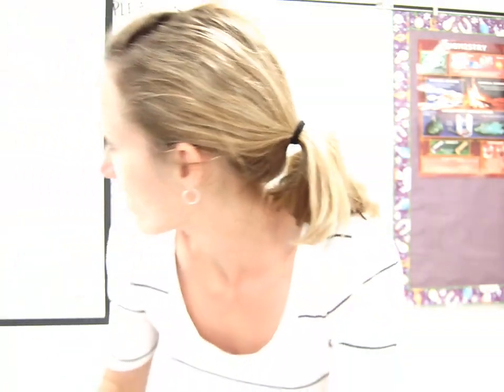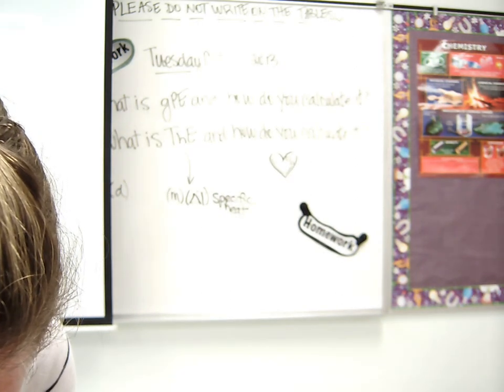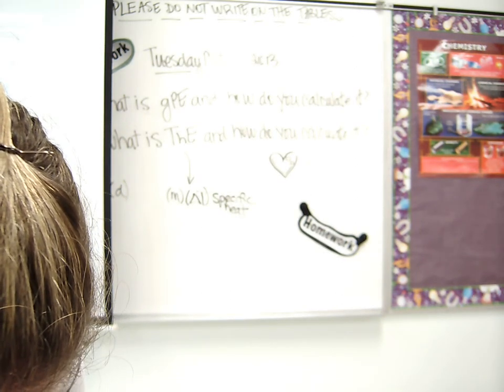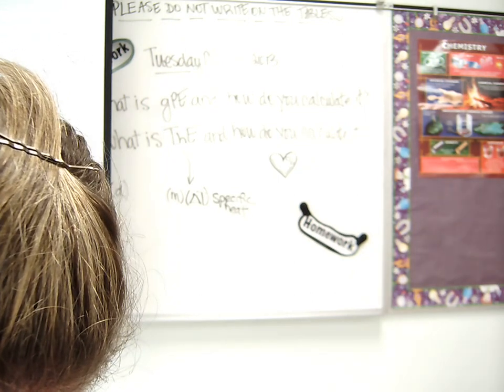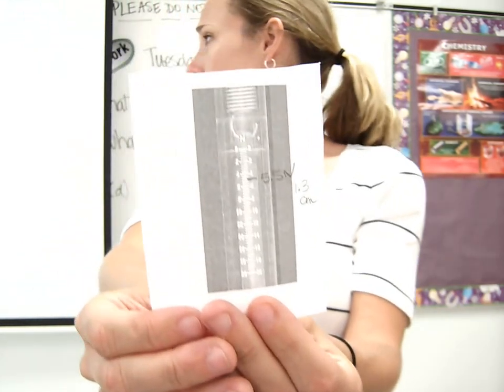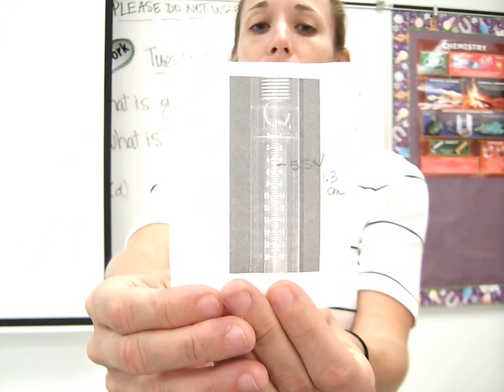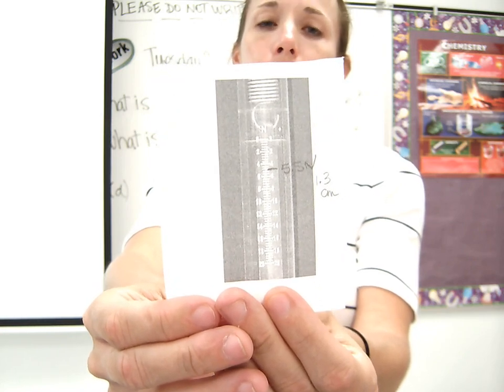So in this case, let me move over to the side. That is 1.3 centimeters. Okay. So on my 20 Newton scale, 5.5 newtons of force turns out to stretch that spring 1.3 centimeters.